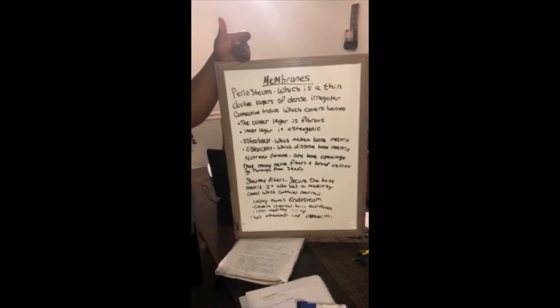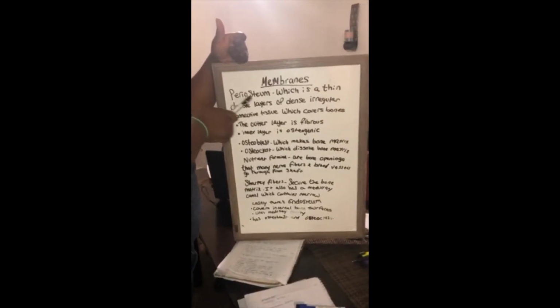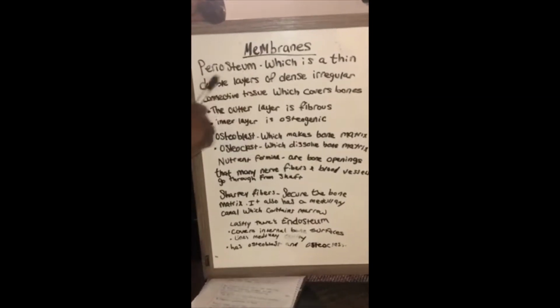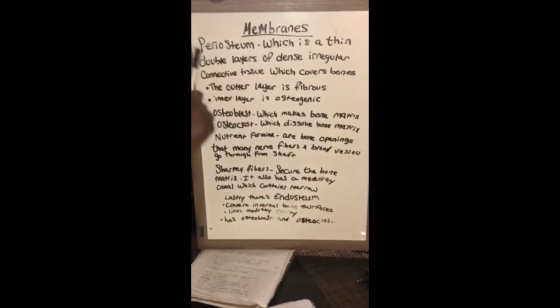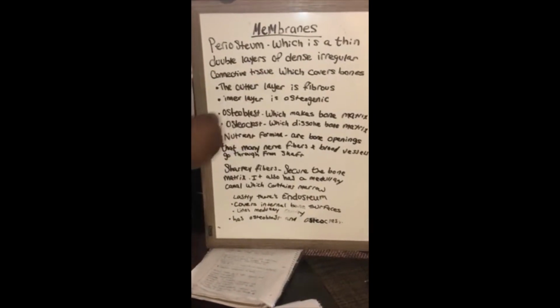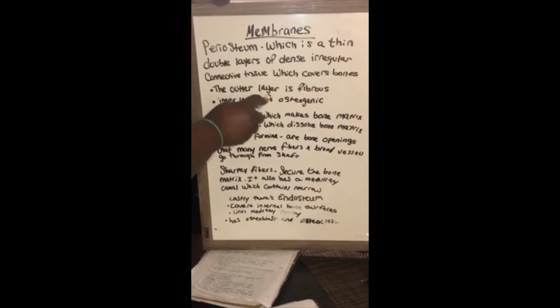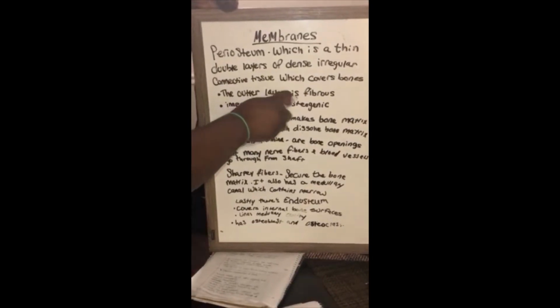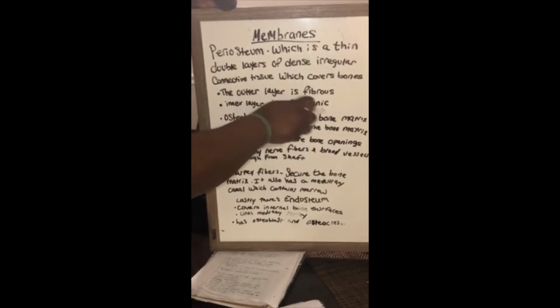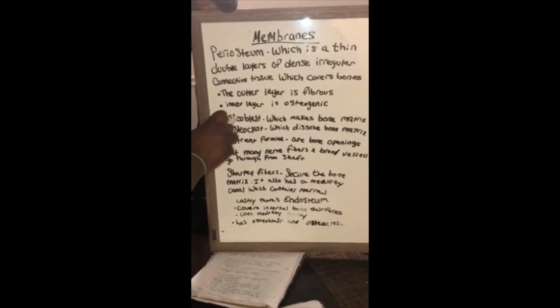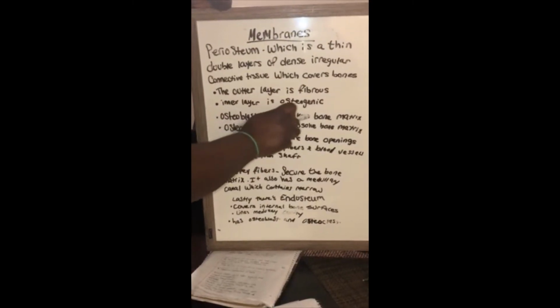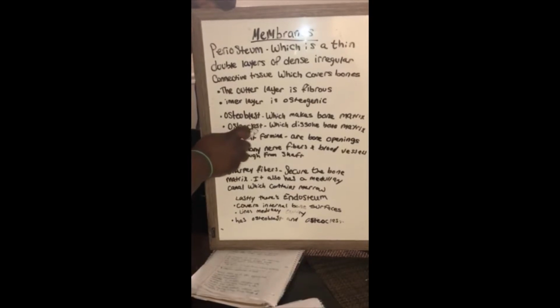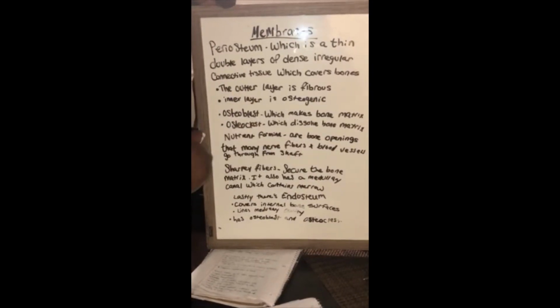Next, we're going to be talking about membranes. Let's begin with the periosteum, which is a thin double layer of dense irregular connective tissue which covers bones. The outer layer is fibrous. The inner layer is osteogenic. It contains osteoblasts, which make the bone matrix, and osteoclasts, which dissolve the bone matrix.